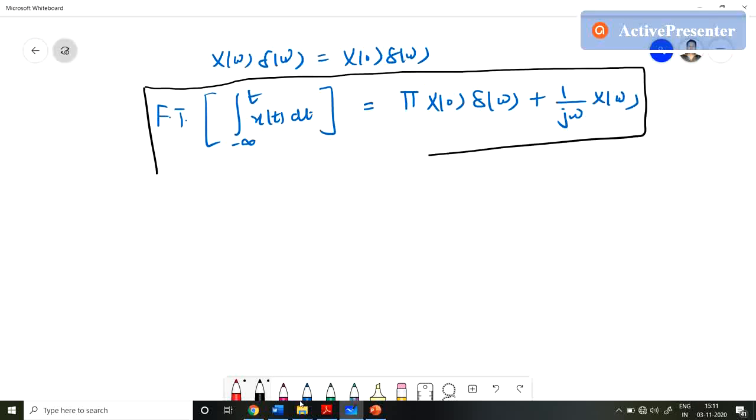This is the Fourier transform of this signal.